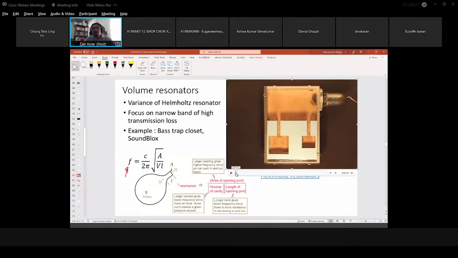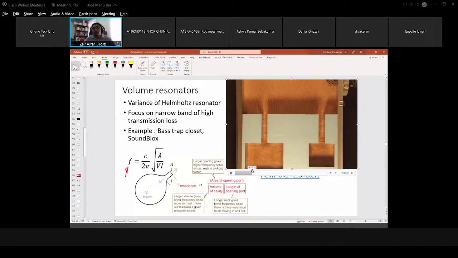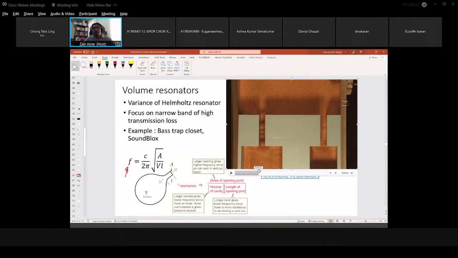So that's the reason why when I play this animation, the resonator on the left hand side starts to get excited first at certain frequency. Okay, before we reach that frequency, nothing happens to the sound. When we reach that frequency for the resonator on the left hand side, it starts to vibrate a lot. Basically, it absorbs the sound energy a lot there.